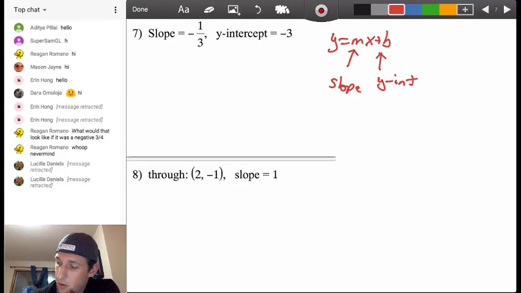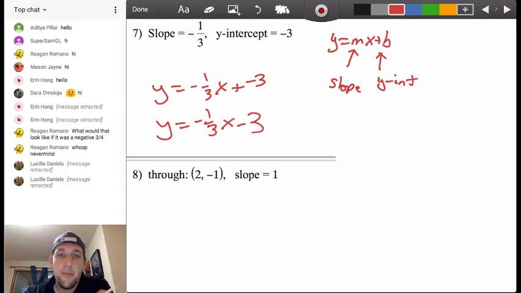So we're literally just going to write y equals negative 1/3 x. You could either write plus negative 3, that would be fine, or you could write y equals negative 1/3 x, just minus 3. Both of those would be okay. All right, and that's it. You've written an equation that meets the requirements of having a slope of negative 1/3 and a y-intercept of negative 3.